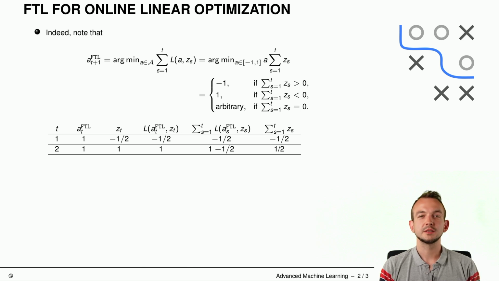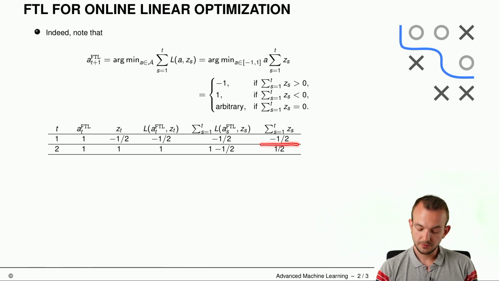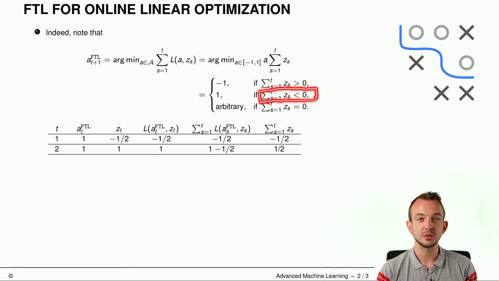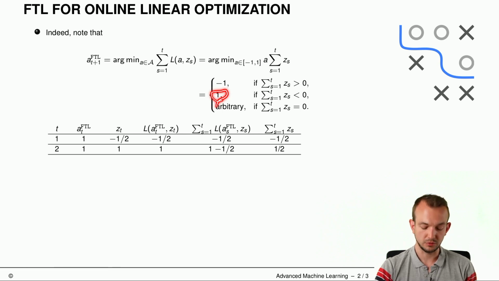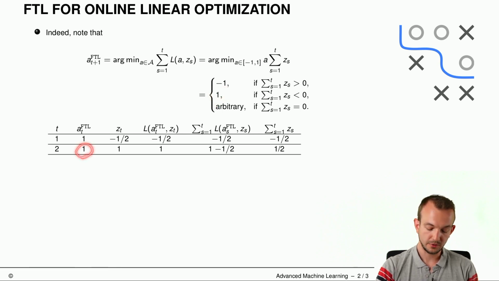Let's go to the next time step. Now we know the sum over the environmental data points is -1/2. So when we want to compute the next action of the follow the leader algorithm, we know from our previous consideration it will be +1.